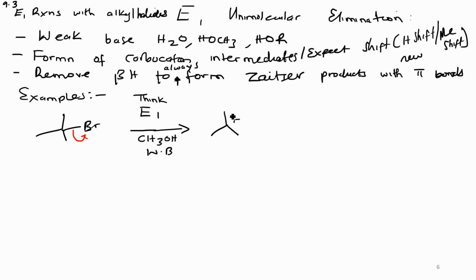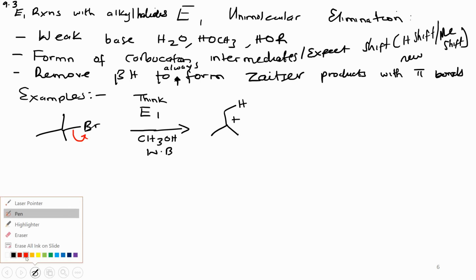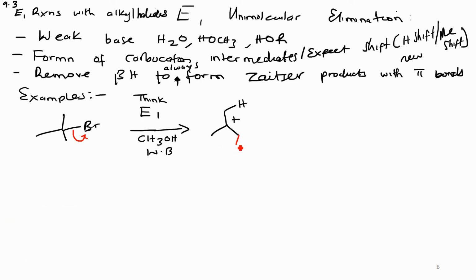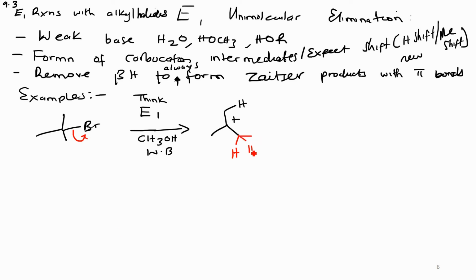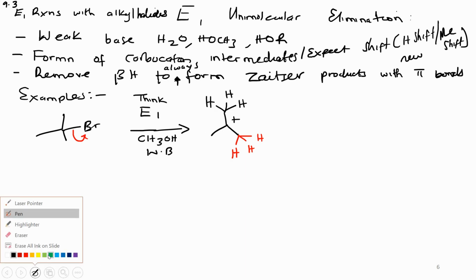So notice that you have a CH3 there that can give its beta hydrogen. You have a CH3 there. I'm just showing one, or anyways, the first example. So let me just show all of them so you don't get confused. So you have 9 beta hydrogens, but you have 3 sets of those 9.